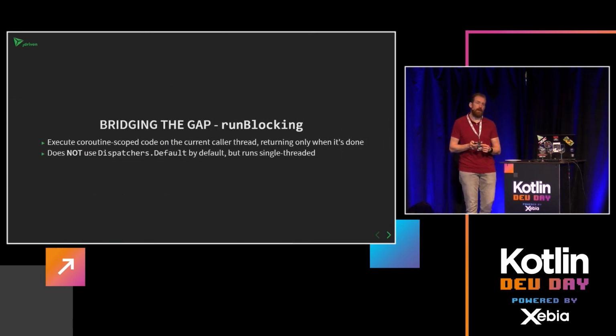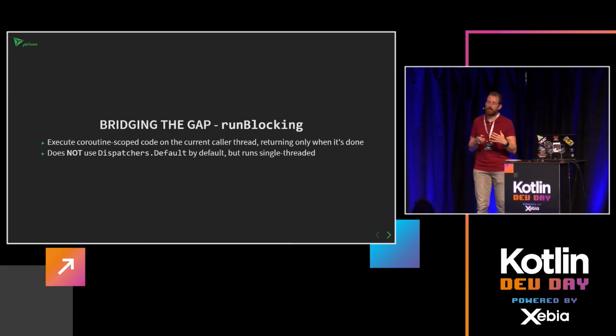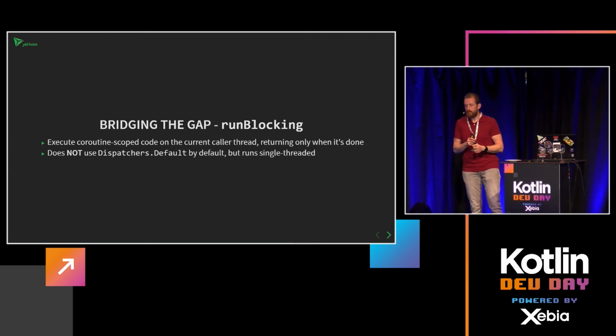There's another way. If you want to run coroutines more localized, so when I'm talking about coroutine scope, it's obviously linked to some application lifecycle or some lifecycle, but if the lifecycle is basically your function, what do you do? You can call runBlocking.